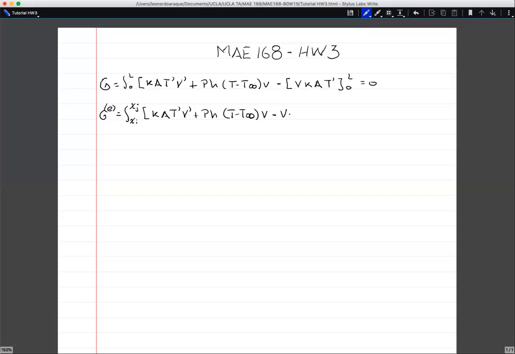And our boundary conditions will be evaluated between xi and xj.